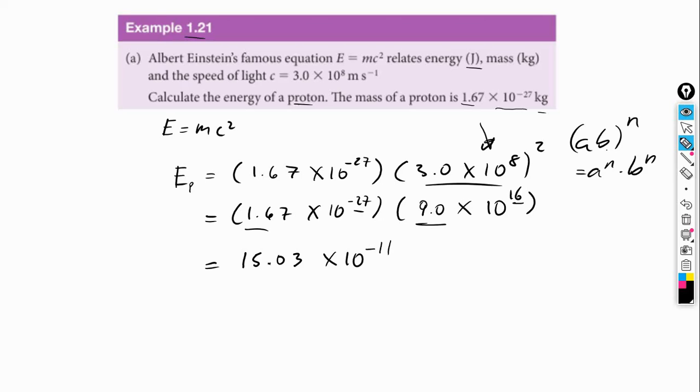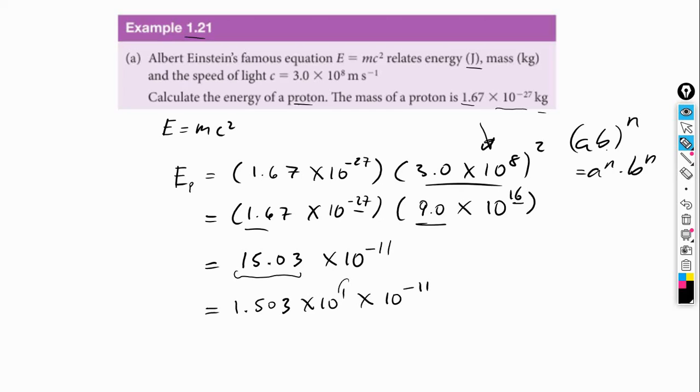But notice that we can write this number in scientific notation, because 15.03 is the same as 1.503 times 10 to the 1. So this times 10 to the minus 11.